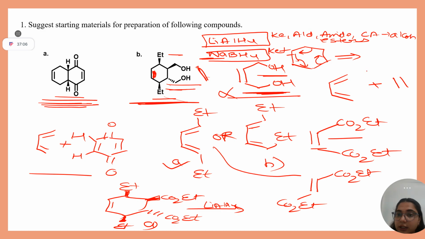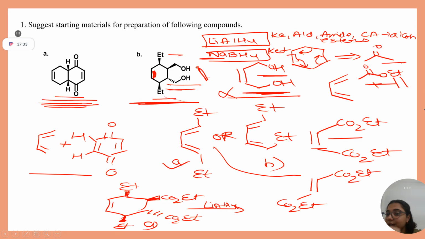Now you should think in your mind: among ketones and esters, which is more reactive for getting reduced? Your LAH and sodium borohydride will give H minus, so they are nucleophiles. The carbonyl that is more electron deficient will be more reactive.